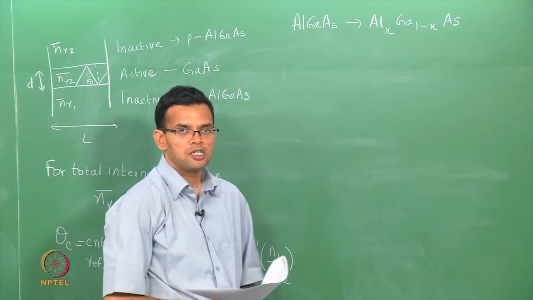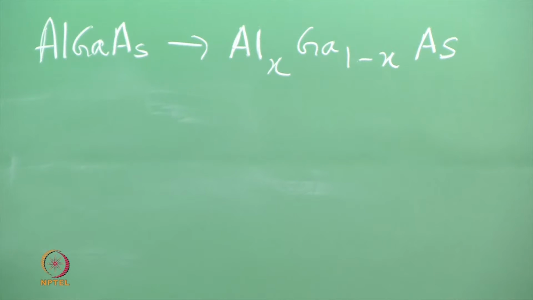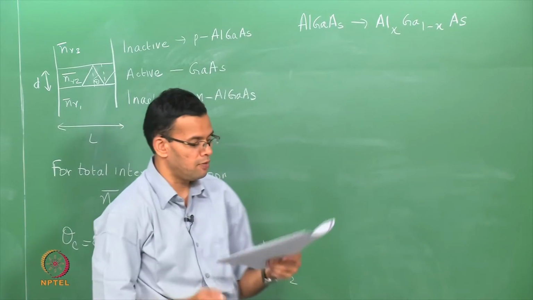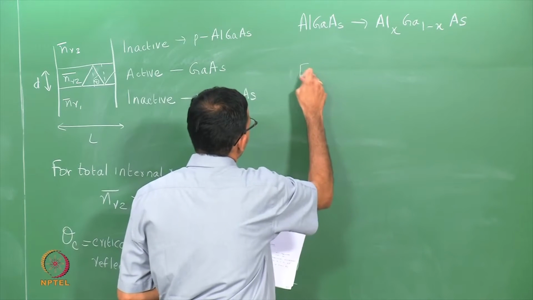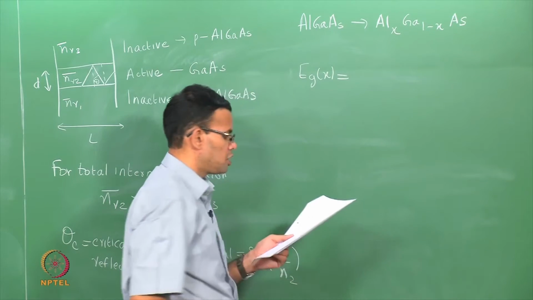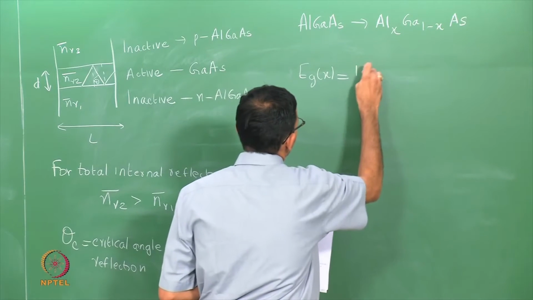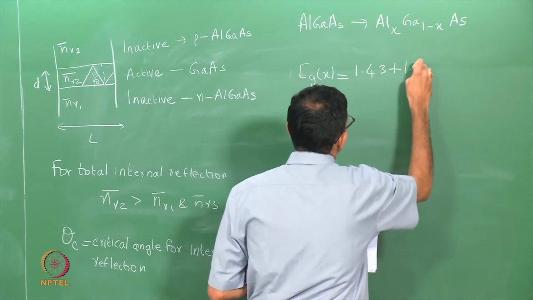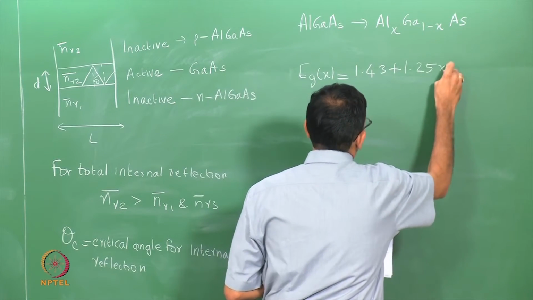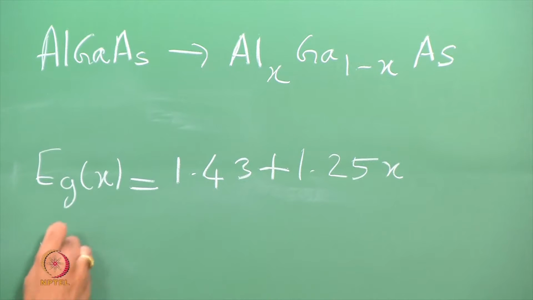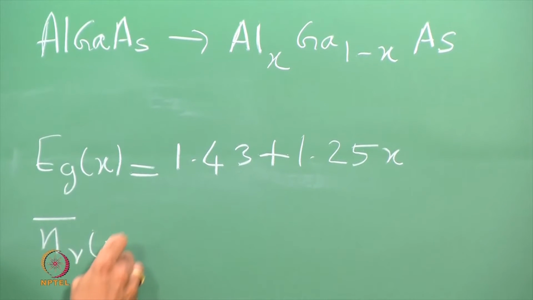This is a structure that is formed by combining aluminum arsenide and gallium arsenide, and the property depends upon the value of x. For example, the band gap Eg as a function of x is nothing but 1.43 plus. Similarly, the refractive index also depends upon the value of x.